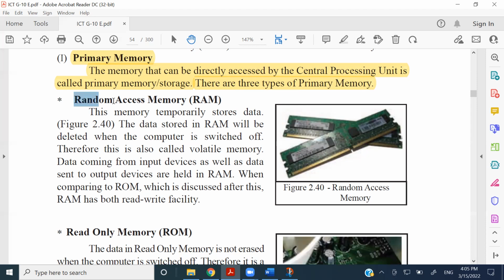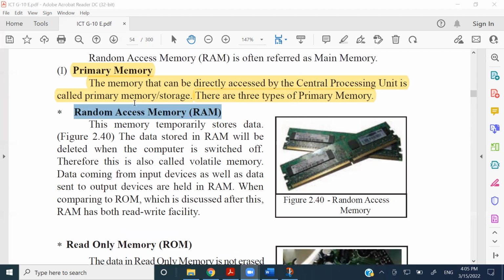So under the primary memory, we have to write about the RAM, ROM, and the cache.